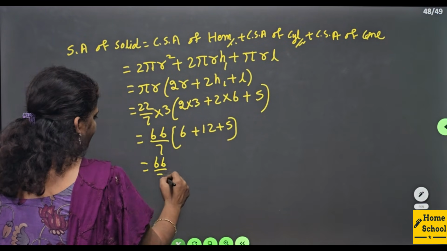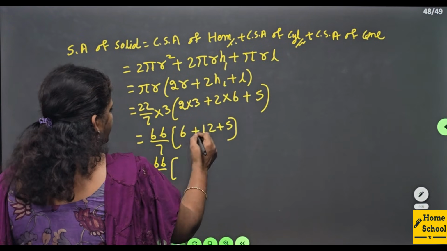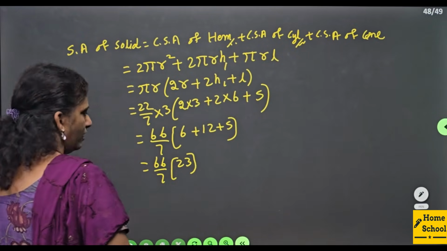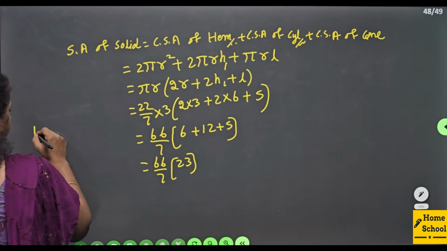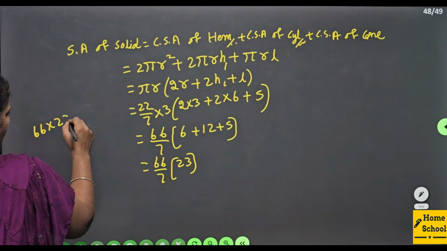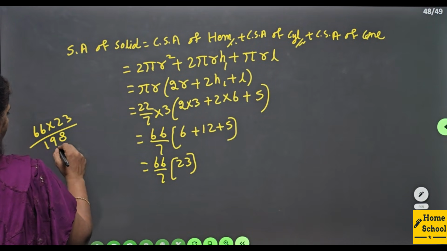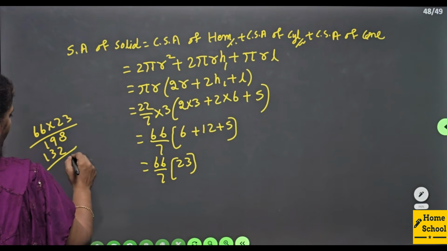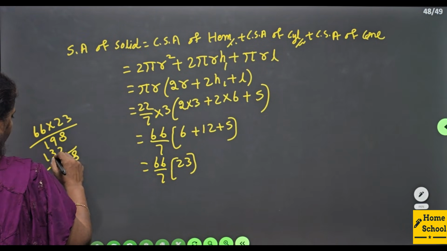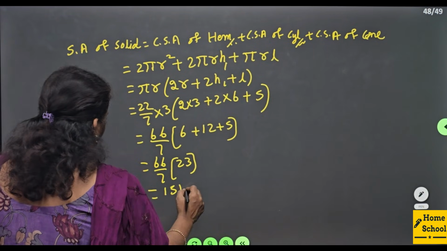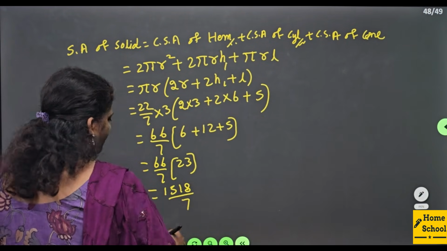66 by 7 into 6 plus 12 is 18, 23. Now multiply this. 66 into 23. 6 3s are 18, 198. 2 6s are 12, 8, 1 5, 1 5, 1 8 by 7.